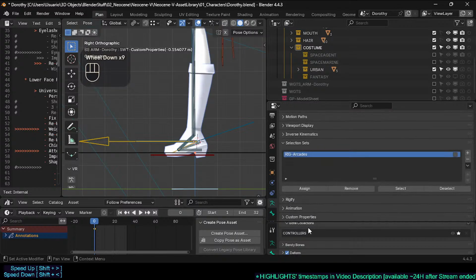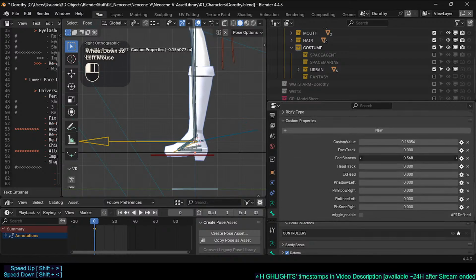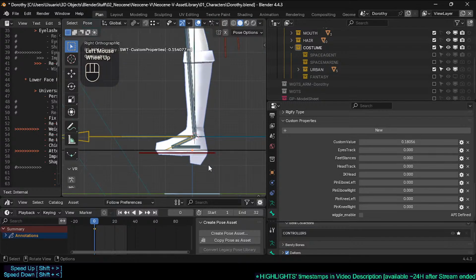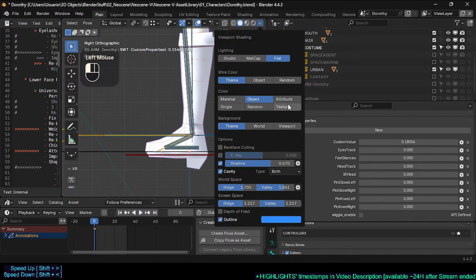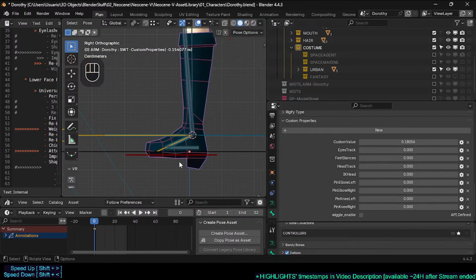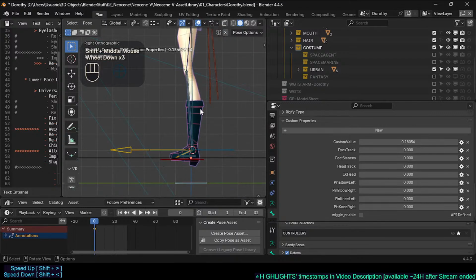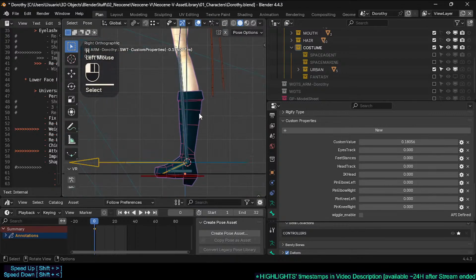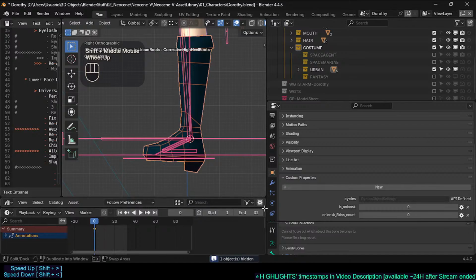So here is the flat foot stance, meaning that the boots are, this is when the character is like that, and the boots of course intersect with the ground.